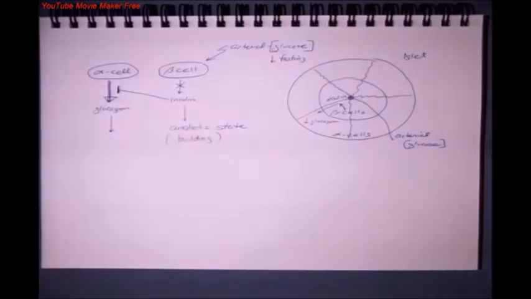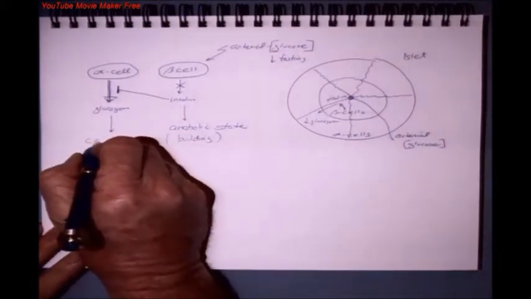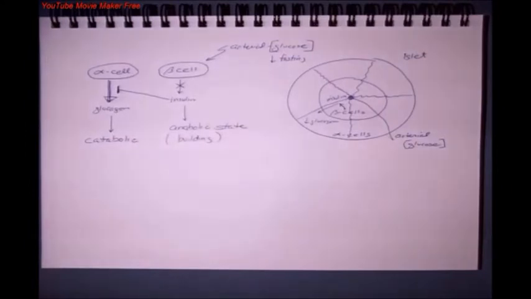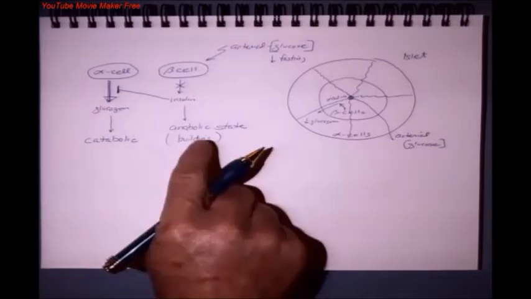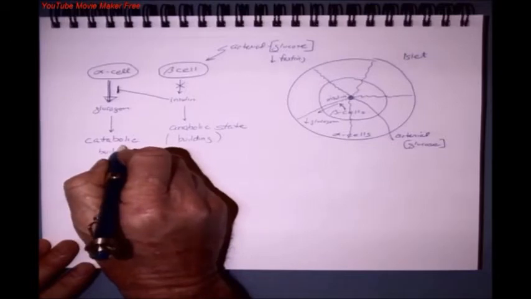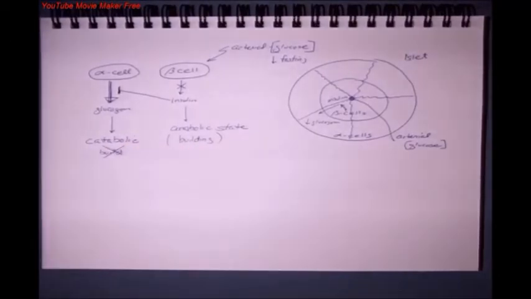Now, glucagon is going to shift our metabolism to tell us that we are in a closed fasting state. That puts us into what's called a catabolic state. The catabolic state is the opposite of anabolic. We do not want to build because we are in a closed system now.